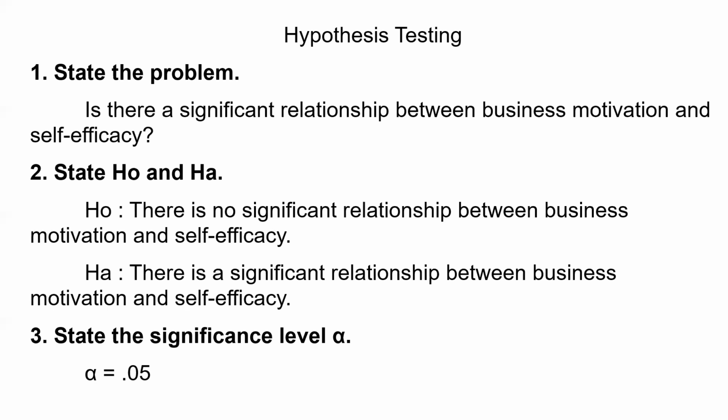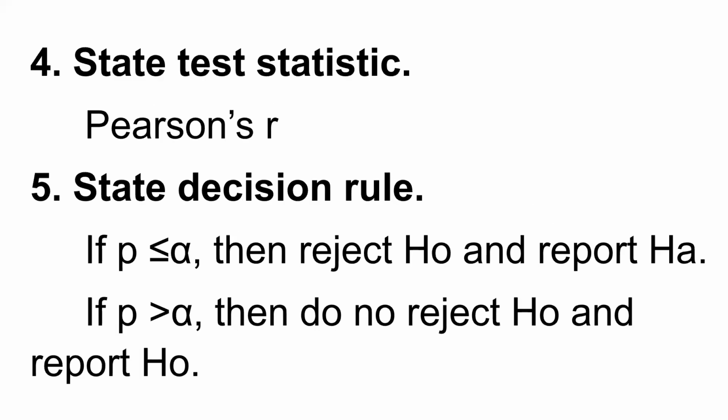Your HO: there is no significant relationship between business motivation and self-efficacy. HA: there is a significant relationship between business motivation and self-efficacy. Third, the significance level, alpha equals 0.05. And for this one, we will use Pearson's R. The fifth one, you state your decision rule.